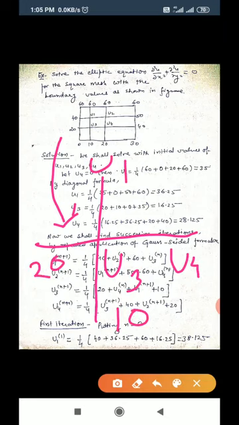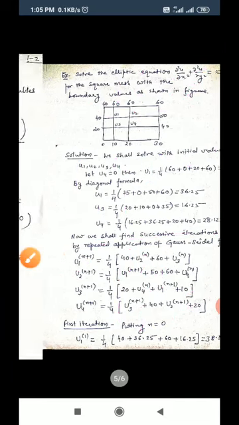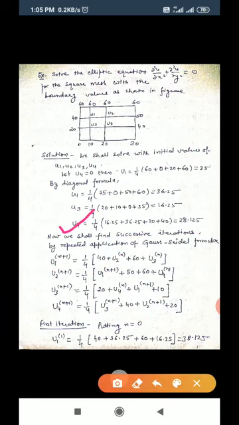So u1 is the already calculated 35, and u4 is equal to 0. So here the averaged value of u3 is equal to 16.25. In the same manner, we can calculate u4, which is equal to 28.125.